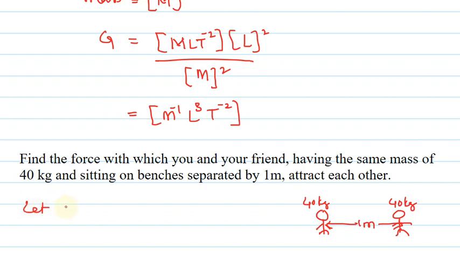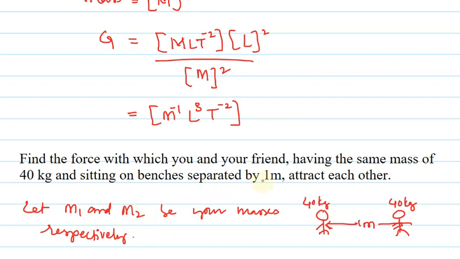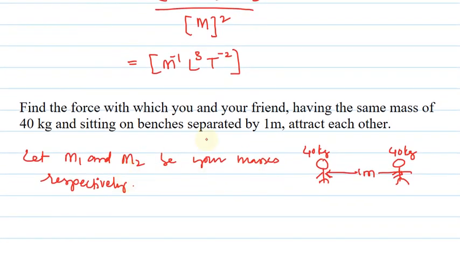Let m1 and m2 be your masses respectively. So we can write m1 is equal to m2 is equal to 40 kilograms, right?